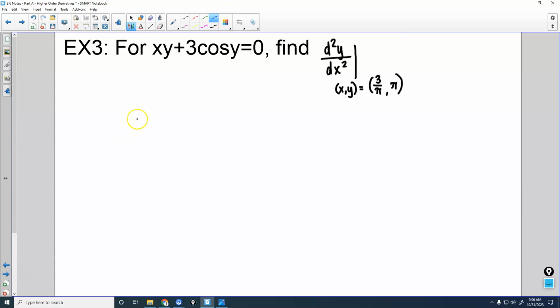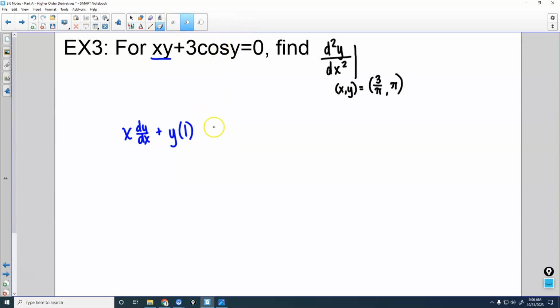So what have I got to use for xy? Product rule. It's like the tiniest product rule you could have, but you have to have a product rule there. So you'll have x times dy dx plus y times the derivative of x, which is just 1, plus we got to do the derivative of cosine y, which is negative sine.